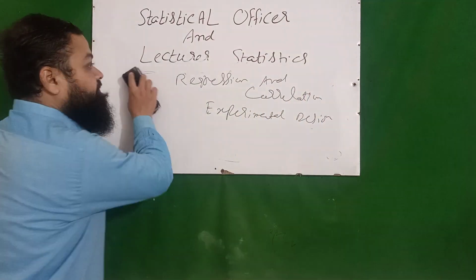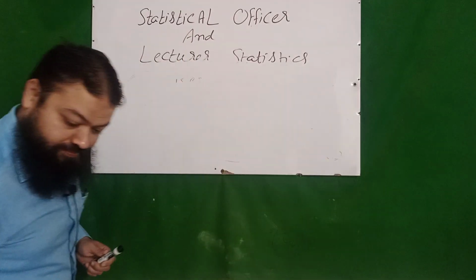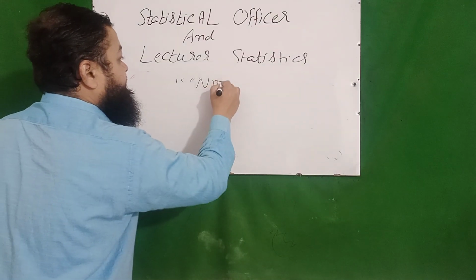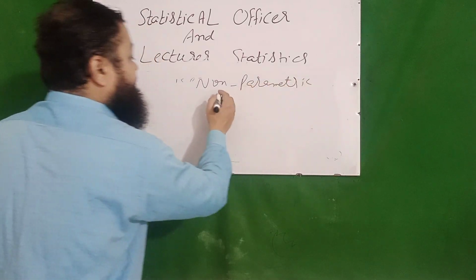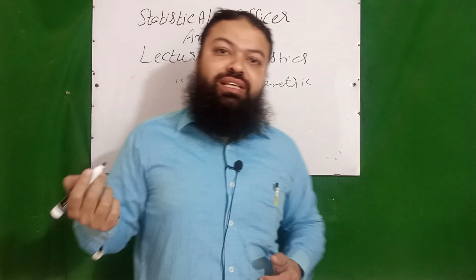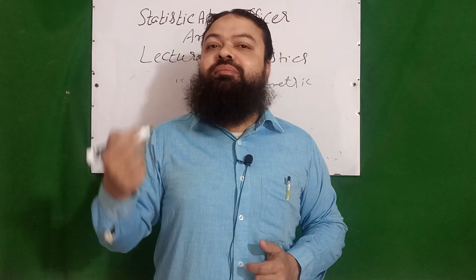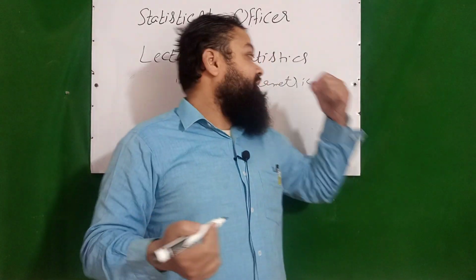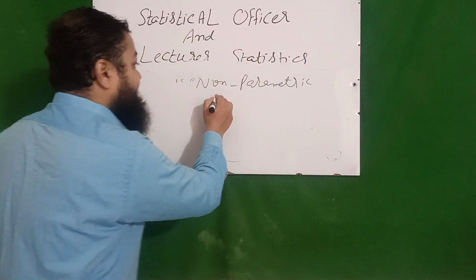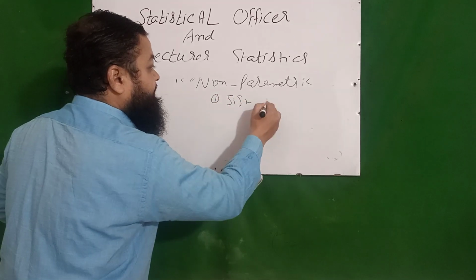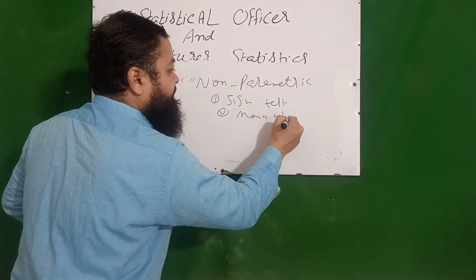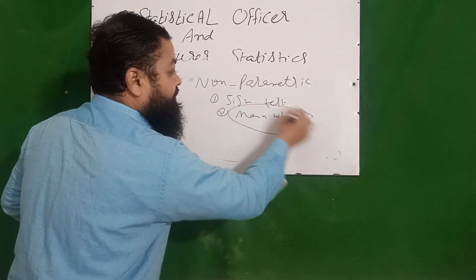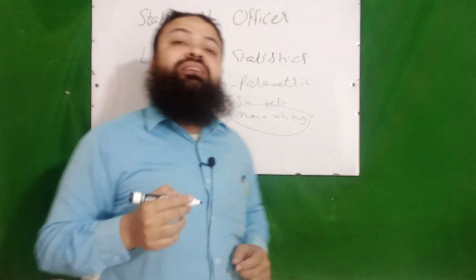After that you will come to non-parametric. A very important question: it is distribution free. When the assumption of normality is not fulfilled, we go towards non-parametric, and in that you will discuss the sign test, the Mann-Whitney U test, which is the alternative to the t test for two independent samples.